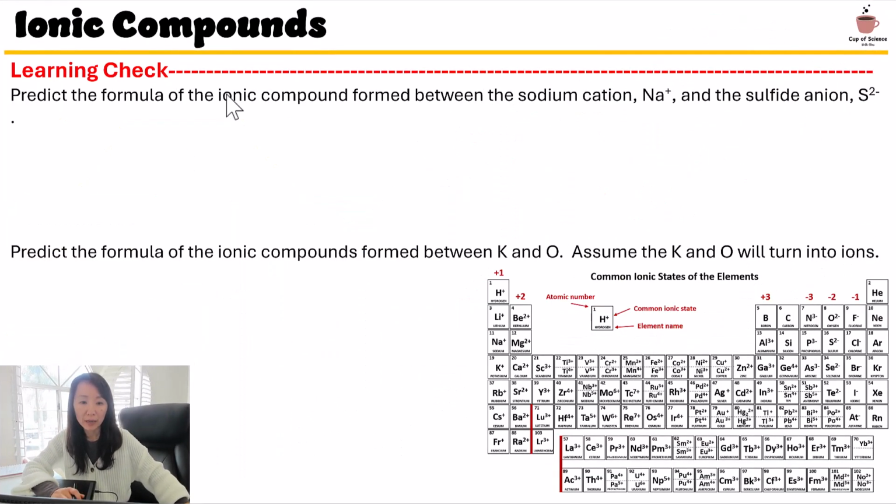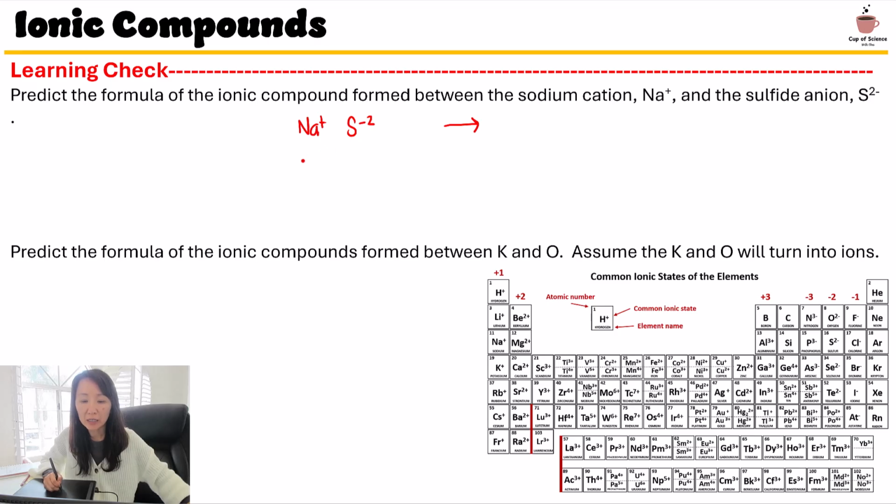Predict the formula of the ionic compound between sodium cation, so that would be Na+, and sulfide anion. So I have Na+ and S-2. It's asking how do you write the ionic compound? What is the formula of it?